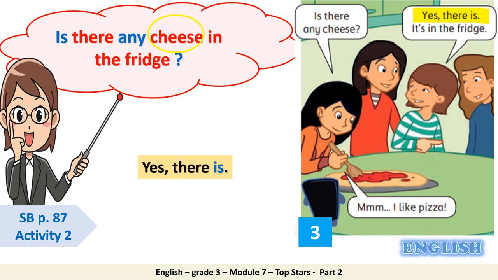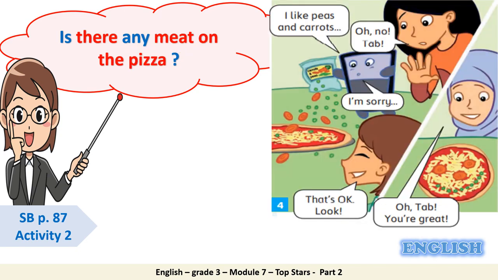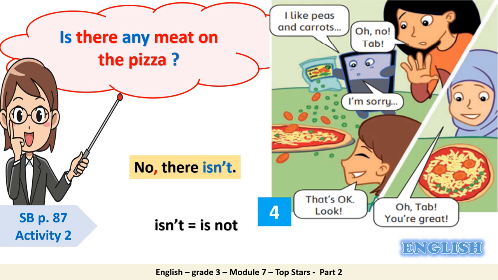To ask this question, we used any. Look at frame number 4 and try to answer this question. Is there any meat on the pizza? Very good. No, there isn't. Do you know that isn't is the short form of is not? When we answer with no, we have to add not.